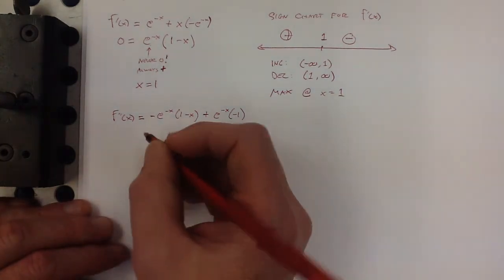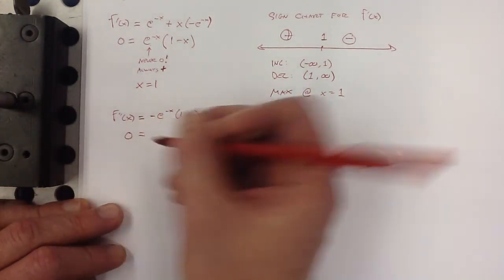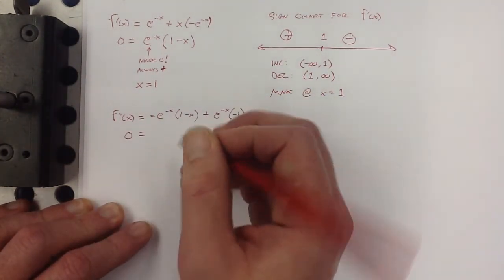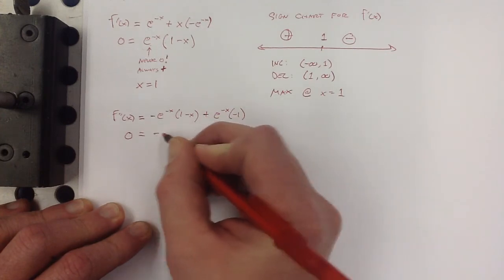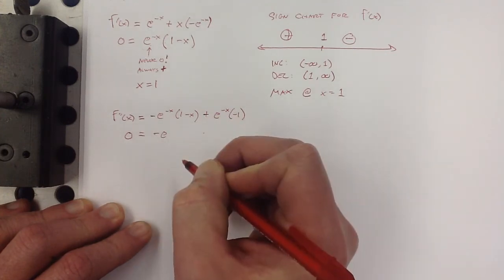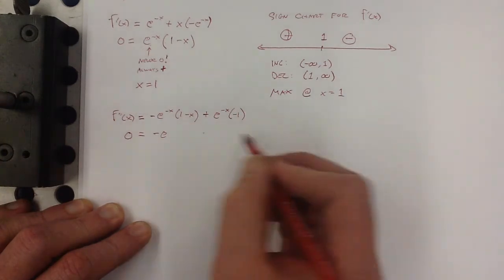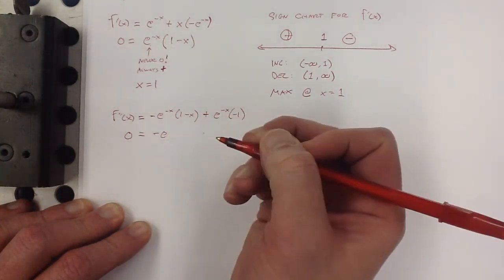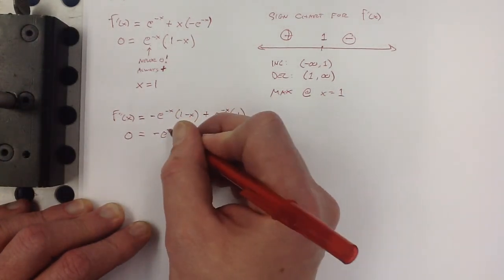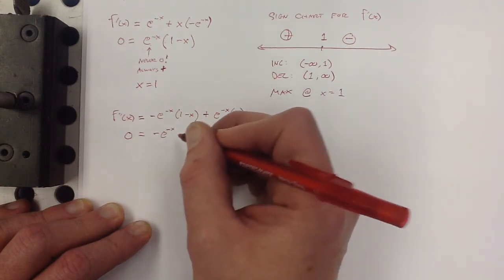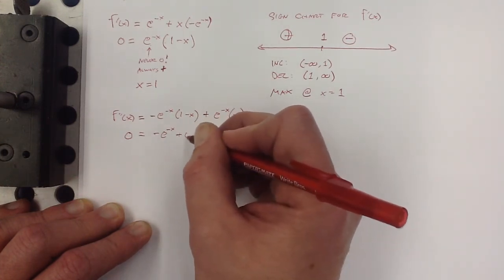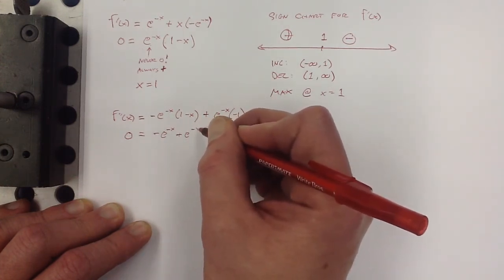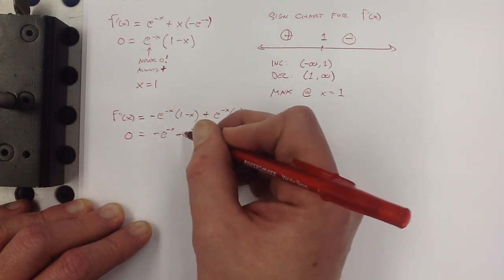Okay, now we certainly need to clean this up. We do want to set it equal to 0, but I've got to clean it up and see what it looks like. Actually, you know what? I can just factor. Well, let me clean it up first. There's a way of factoring it from here, and if you can see what that is, then you can knock yourself out there.